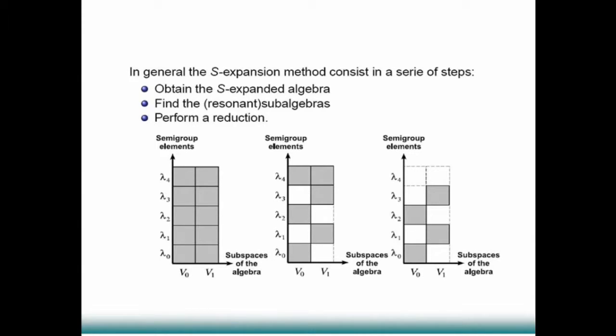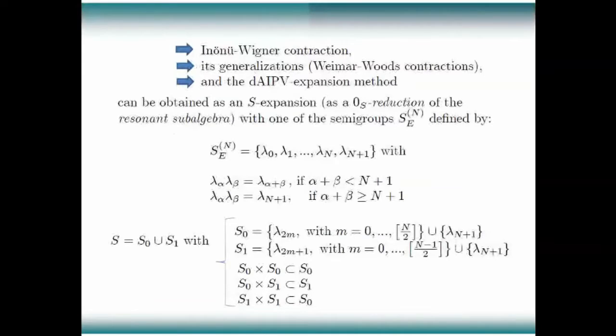Now I'm going to be showing how this contains the Inönü-Wigner contraction construction, in the same case I showed earlier. This all can be obtained by a particular family of semigroups that are denoted this way.